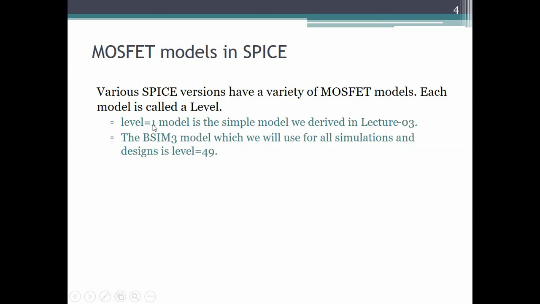Level 1 refers to the simplest model we derived in lecture 3. I had talked about the BSIM3 model, which we will use for all our simulations and designs. That is level 49 in the version of SPICE in LTspice that we are using.